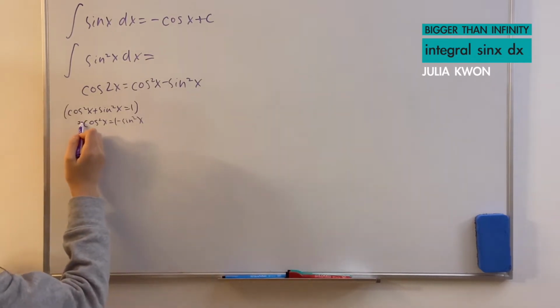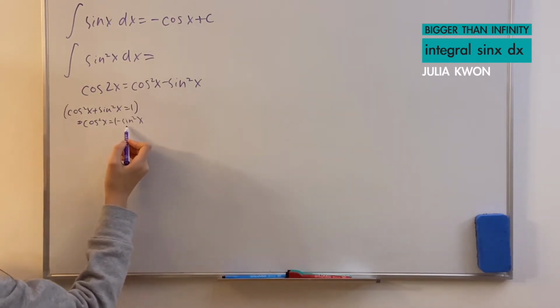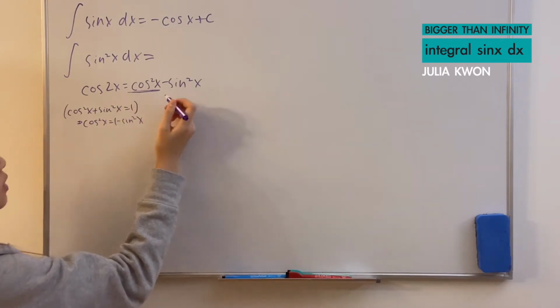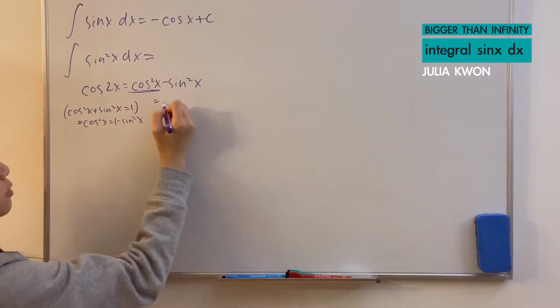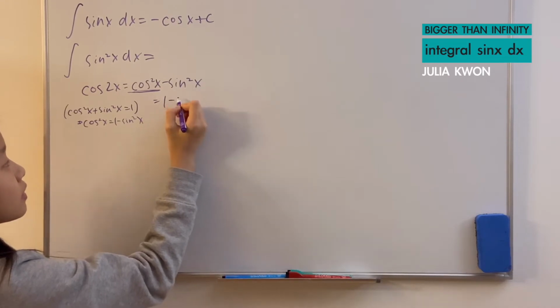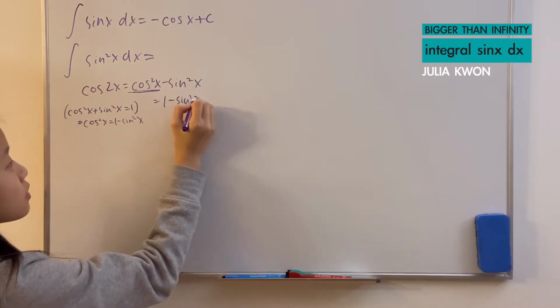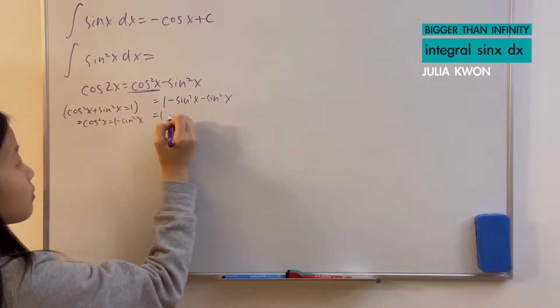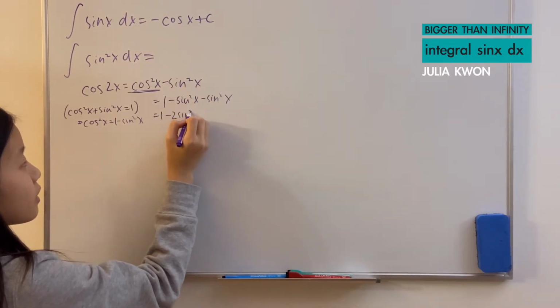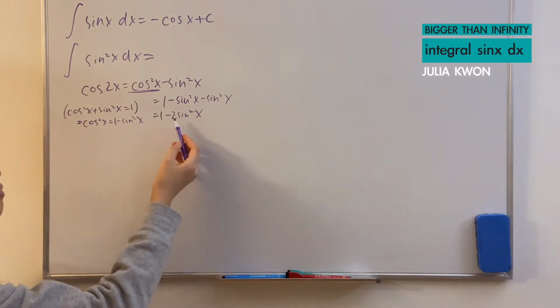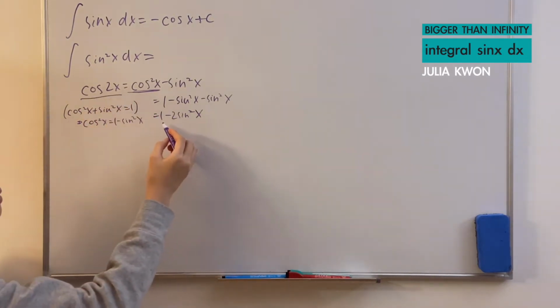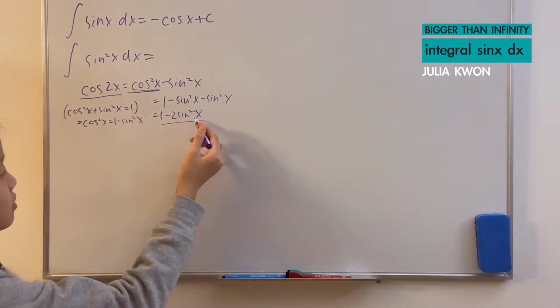We can substitute 1 minus sine squared x into cosine squared x here, and we will get 1 minus sine squared x minus sine squared x, and that is 1 minus 2 sine squared x. And now we have cosine 2x is equal to 1 minus 2 sine squared x.